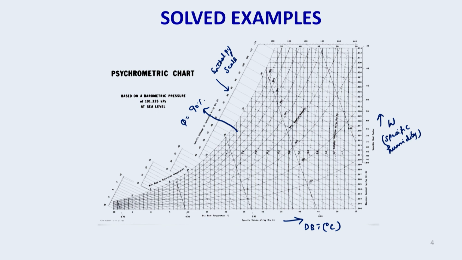So we can find the intersection point. This is the wet bulb temperature line.